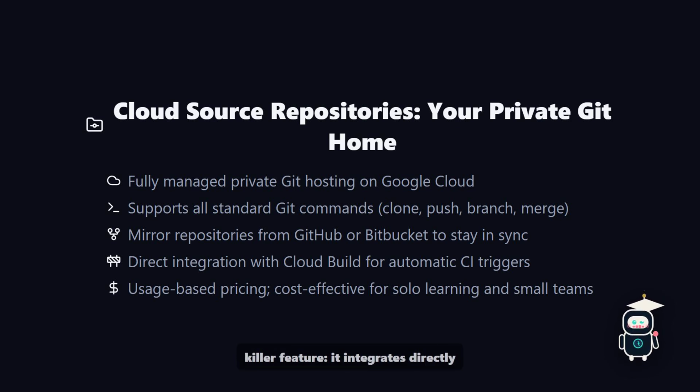And the killer feature, it integrates directly with Cloud Build, so every push can trigger a CI pipeline automatically. Pricing is based on usage. For solo learning or small teams, you'll mostly find it very cost-effective. That's one less service to spin up yourself.